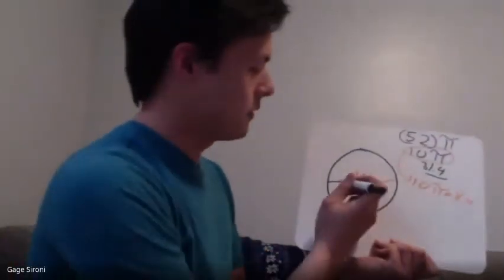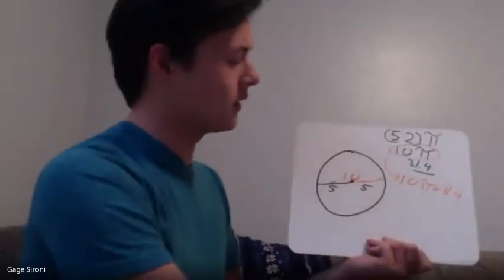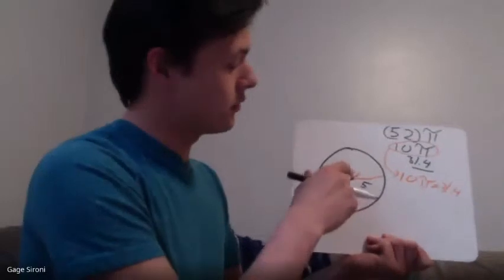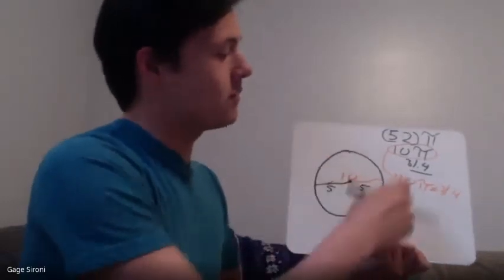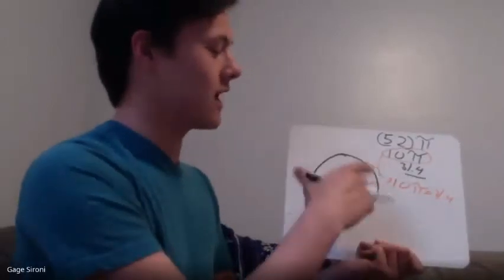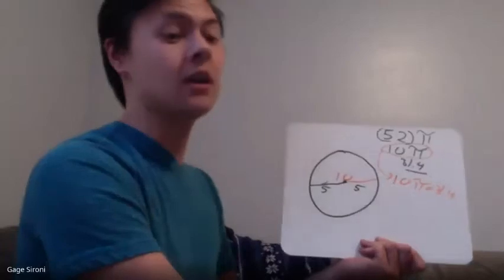We can go 5 and 5, 2 radiuses, or just the diameter of 10. That's how you figure out the circumference. You take your radius, multiply it by 2, and multiply that answer by pi to get your circumference, or you take your diameter of your circle, multiply it by pi, and that will give you your circumference in one step. All right.